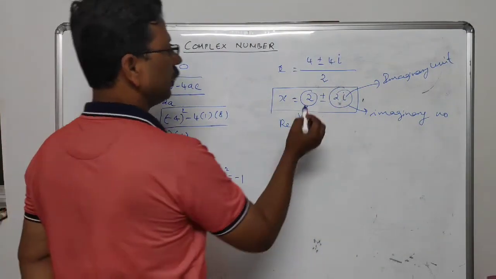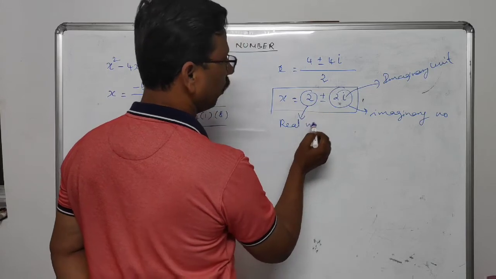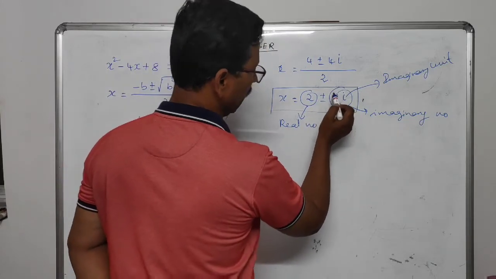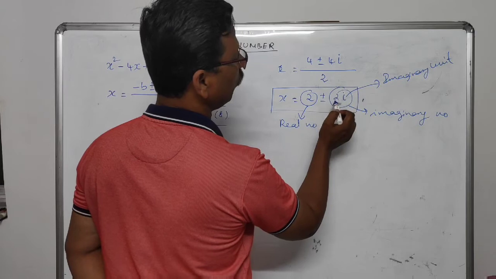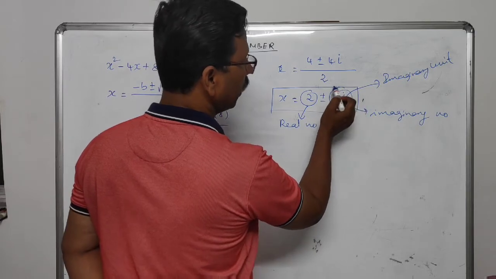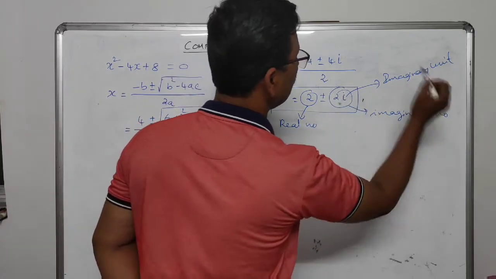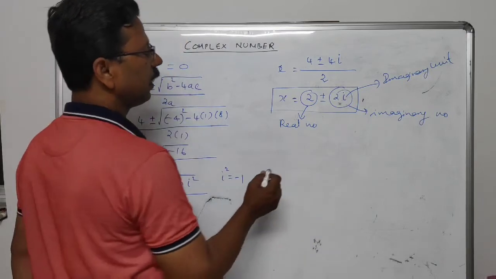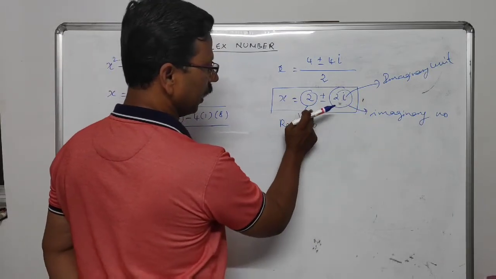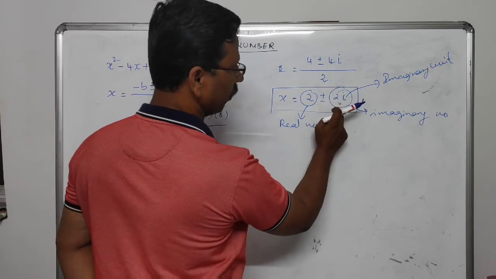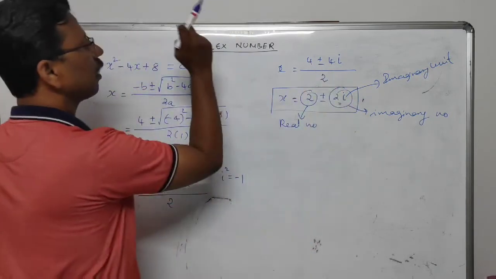Now here, look at this one. This 2 is a real number. This 2 is also a real number, since it is the coefficient of this imaginary unit, this entire thing is called an imaginary number. Now the combination of a real number and an imaginary number is called a complex number.